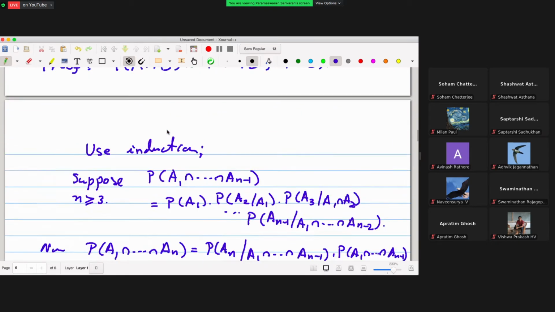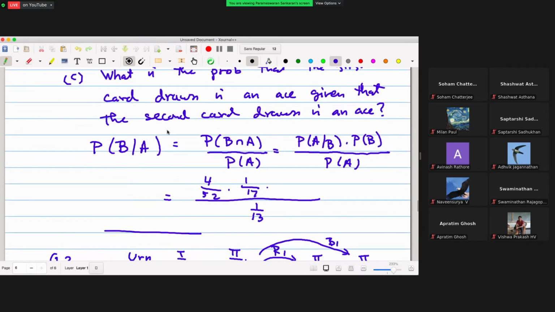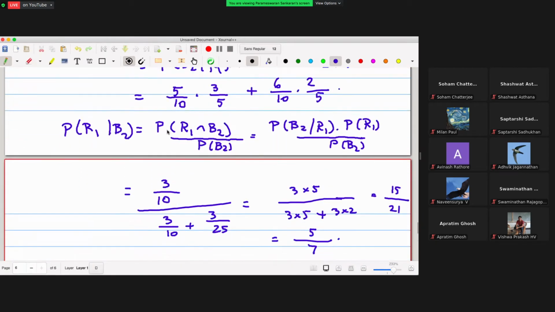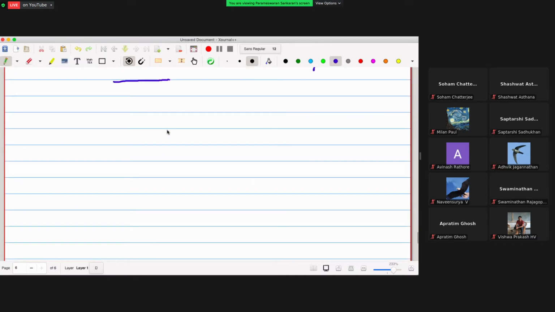So there are very interesting exercises and examples given in the book. It's not possible for me, neither is it advisable, to discuss solutions to all the exercises or the examples. So you are encouraged to do as many problems as possible. The more problems you solve, the better will become your intuition.